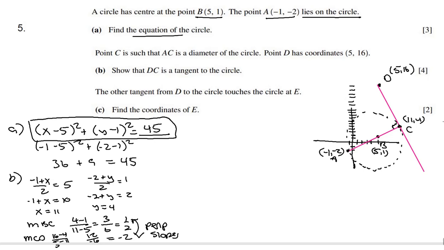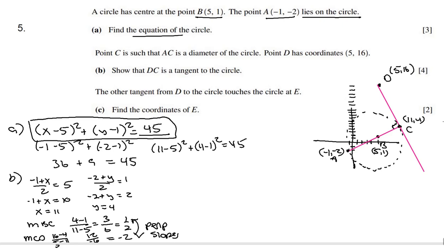So there's that. And we can prove that (11, 4) is on the circle, like we did before, taking this circle equation and plugging the point in. 11 minus 5 squared plus 4 minus 1 squared equals 45.